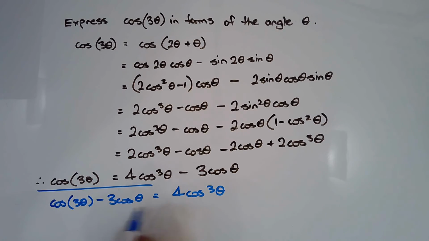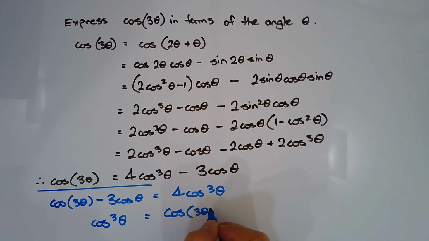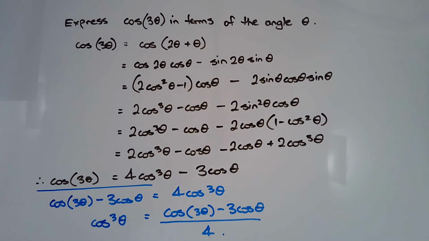And if we divide both sides by 4, and switch the left-hand side and the right-hand side around, we have cos cubed theta is equal to cos of 3 theta minus 3 cos of theta all over 4.